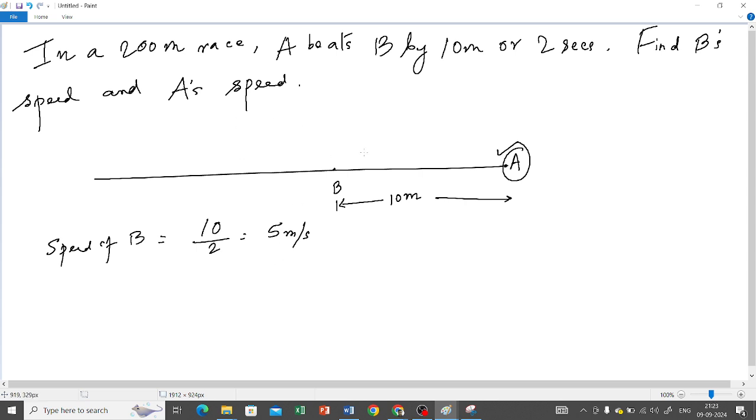And what is A speed? So B speed is 5 meter per second.